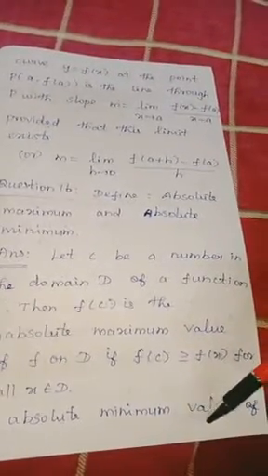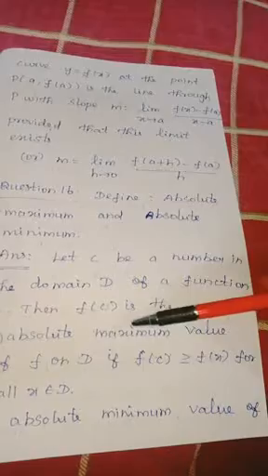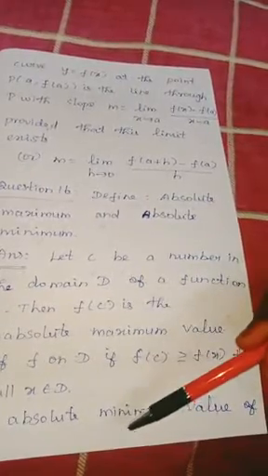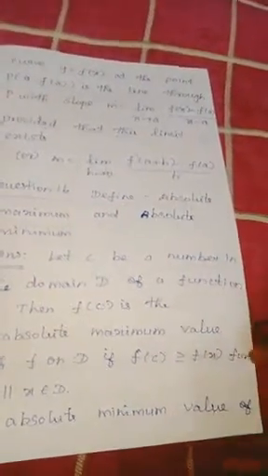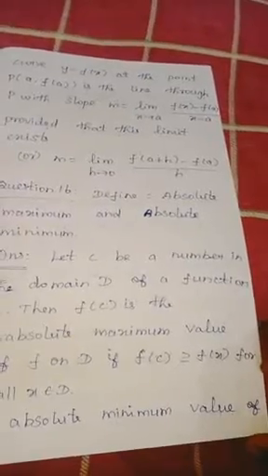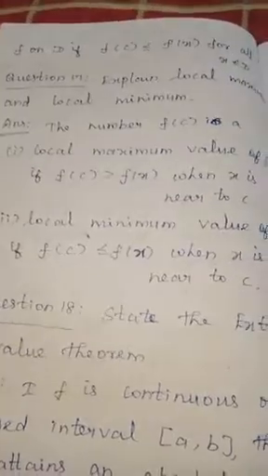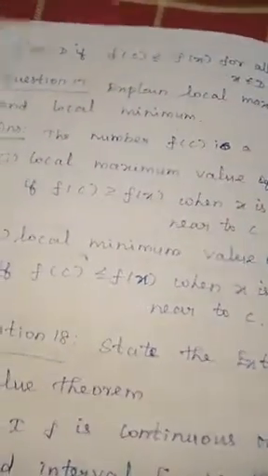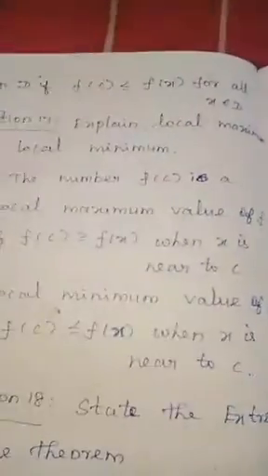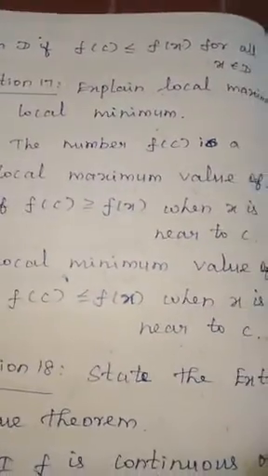Next one, absolute minimum. Then f(c) is the absolute minimum value of f on D if f(c) is less than or equal to f(x) for all x belonging to D, which is the definition for absolute minimum.